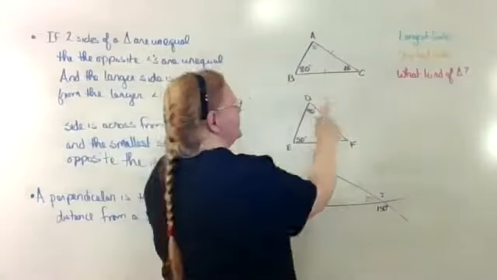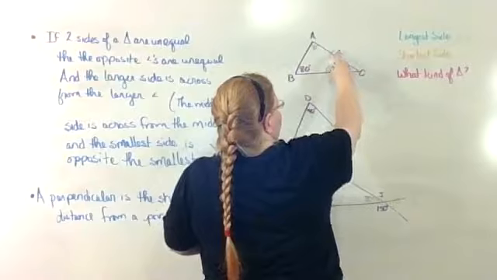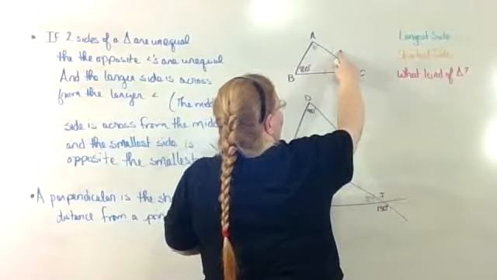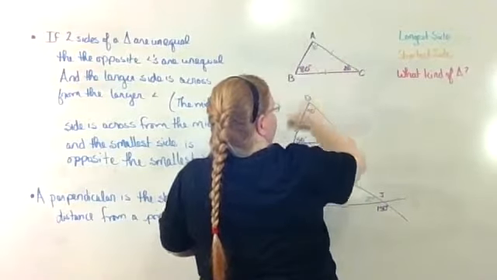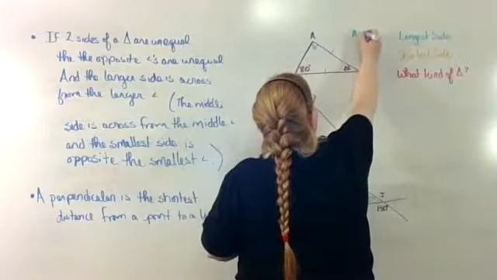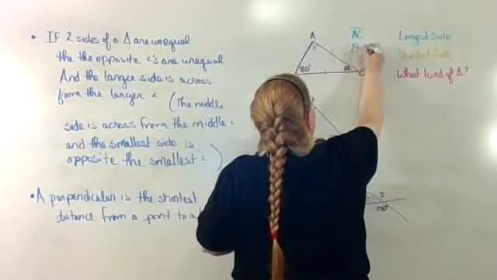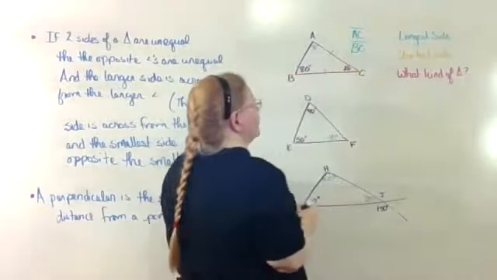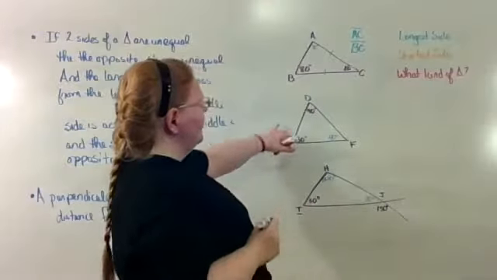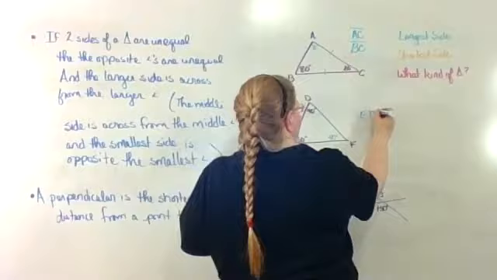So my longest side up here is going to be these 2 sides because they're across from the largest angles. So here is a trick question. It's side AC and side BC. Here, my longest side is side EF.